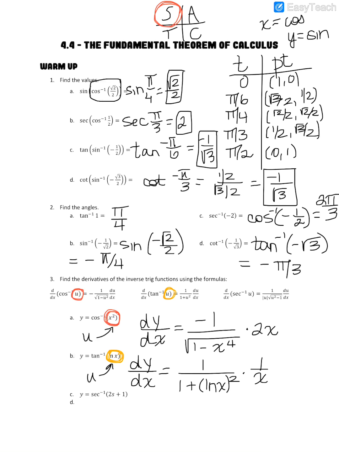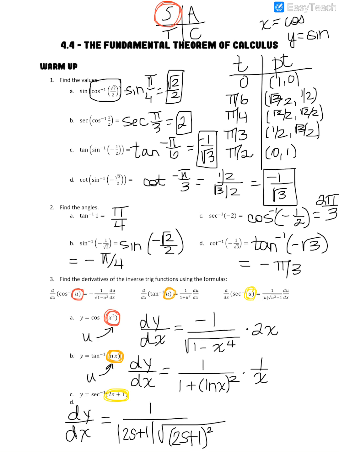All right, last one, C. Here's my u, secant inverse, there it is. Okay, so dy dx equals 1 over the absolute value of 2x plus 1 times radical 2x plus 1 squared minus 1. And then all of that is multiplied by the derivative of u, which in this case is just 2.